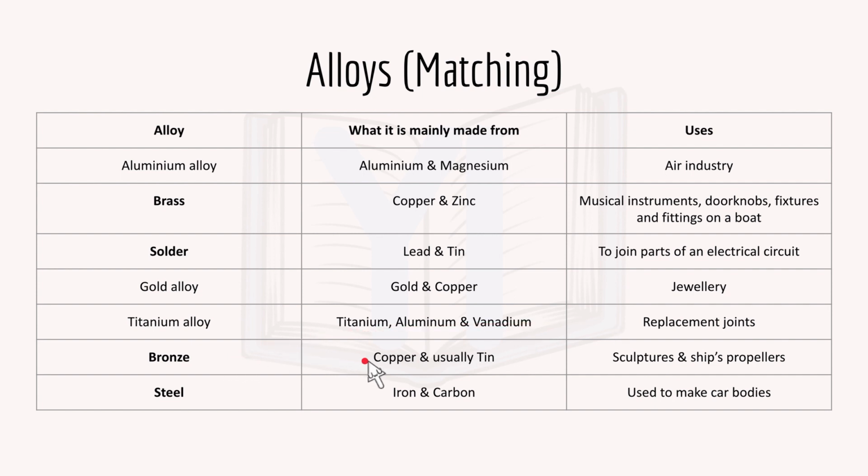Bronze is copper and usually tin, used for sculptures or ships' propellers. And lastly, steel is made out of iron and carbon, and is used to make car bodies. The alloys in bold, the darker ones, are the ones that are more important in IGCSE chemistry as they will be assessed.